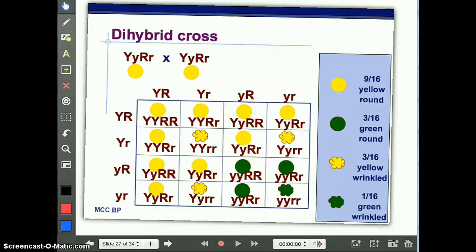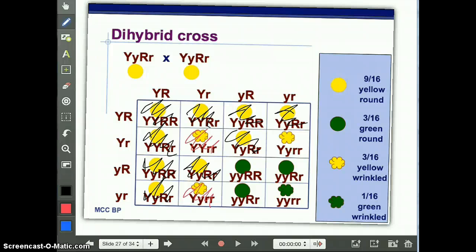I'm just going to cross them off. Nine of them are going to be dominant for both: 1, 2, 3, 4, 5, 6, 7, 8, 9. Nine dominant for both. Okay. I need 3 that are dominant for yellow but wrinkled, so recessive. So there's 1, 2, 3.